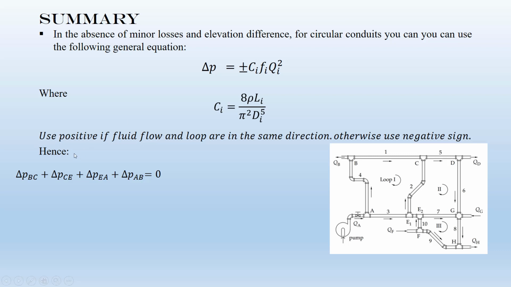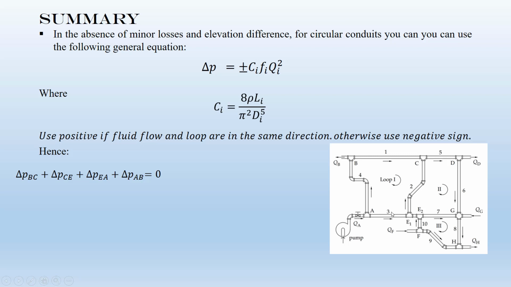Okay, look guys, if you just use this equation, you can write the delta PBC equals C1 F1 Q1 squared, correct? Minus, why minus? Because they are in the opposite direction. Minus C2 F2 Q2 squared. And then again, minus, why minus? Because this is the loop direction and this is the fluid flow direction, correct?